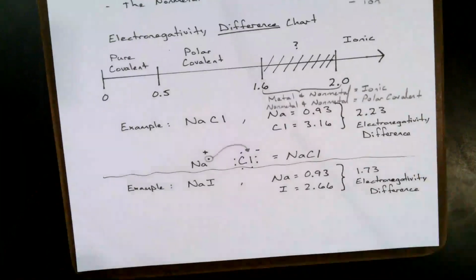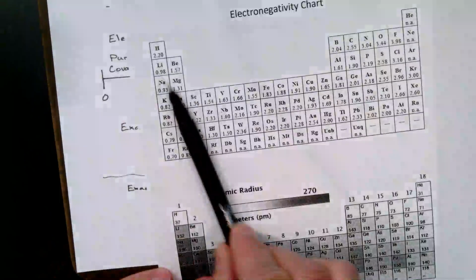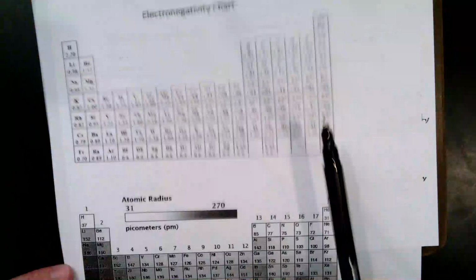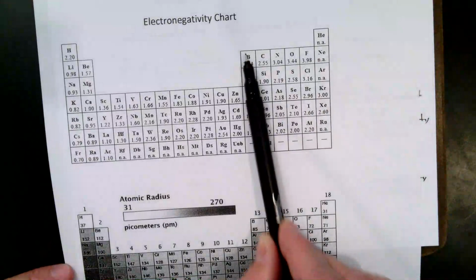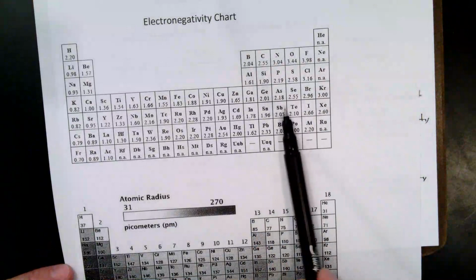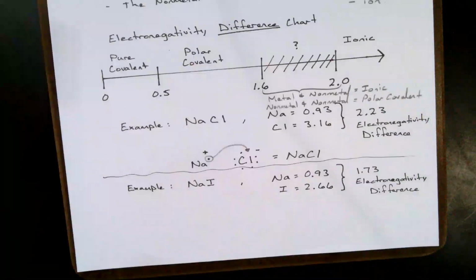So now, let's take a look. Where are we? Well, Na is on the metal side. I is on the non-metal side. The stair-step line is not listed here, but you can see that I would be on the right side.